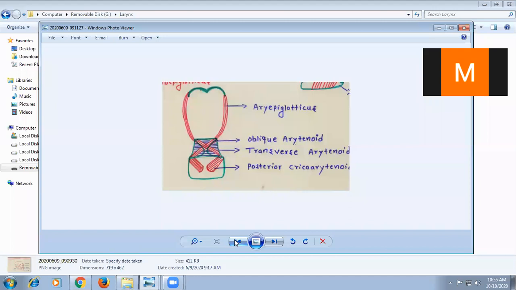So out of 9 muscles, you should be able to write properly about 6 to 7 muscles. It's okay, but you have to write the origin and insertion properly.